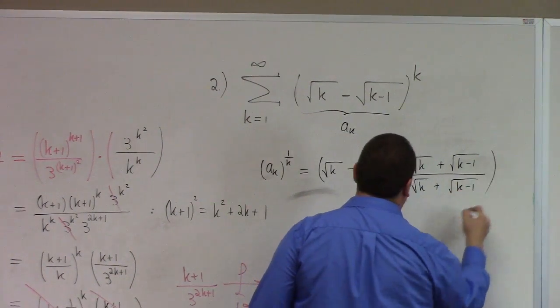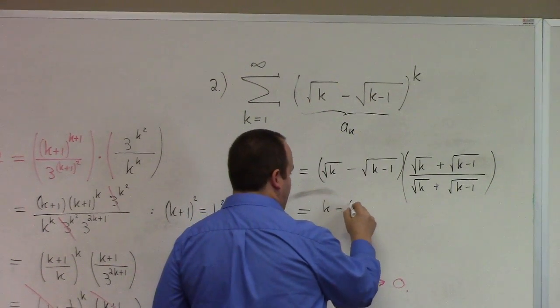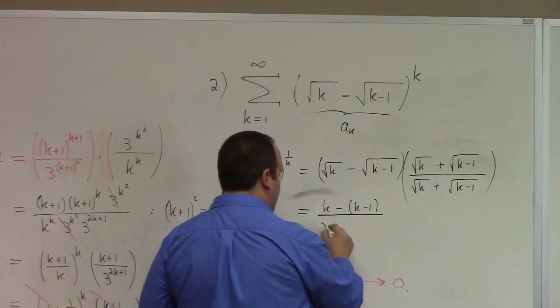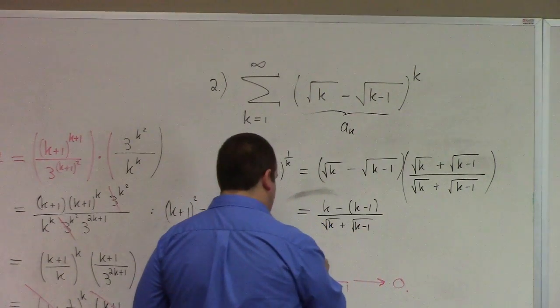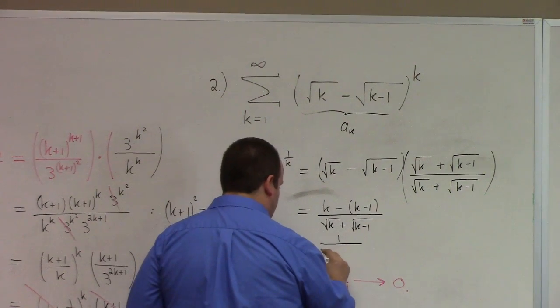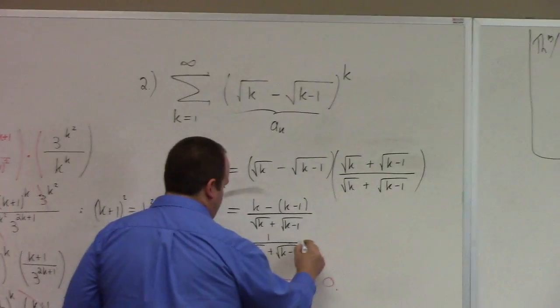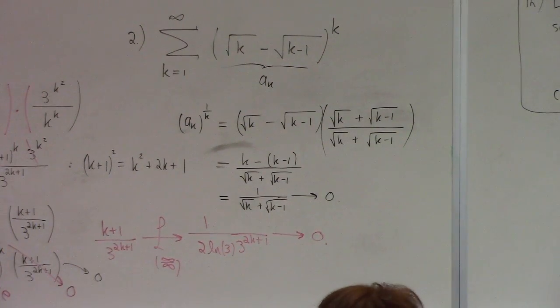That gives me k minus (k minus 1) over root k plus root k minus 1, which, by the way, k's cancel, is 1 over root k plus root k minus 1. That just goes to 0. So this series converges by the root test with rho equal to 0.